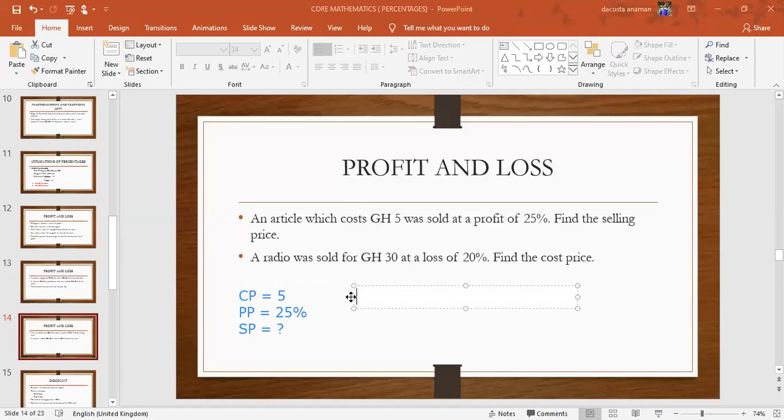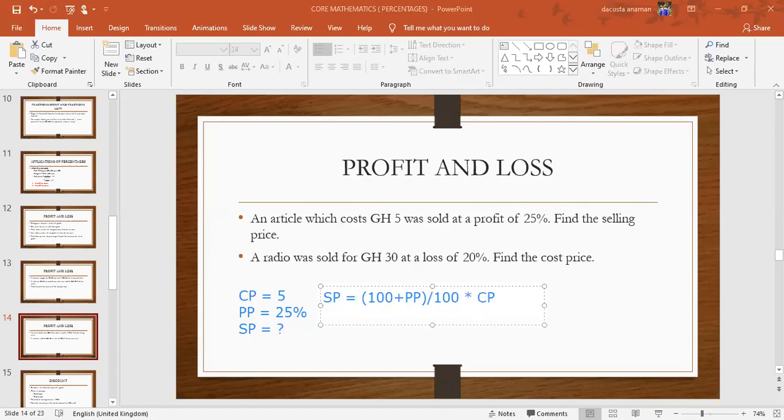So the formula that we'll be using is: the selling price is equal to (100 plus the profit percent) all over 100, then everything times the cost price.